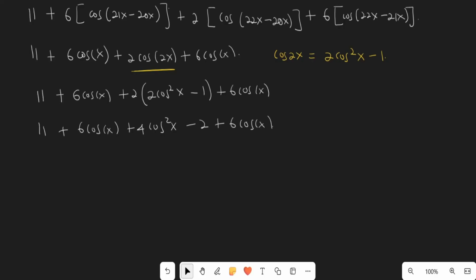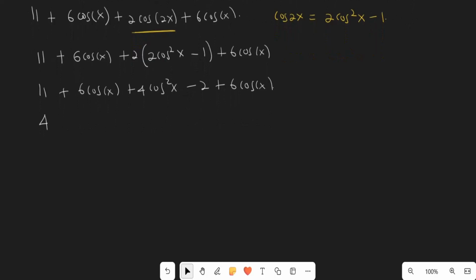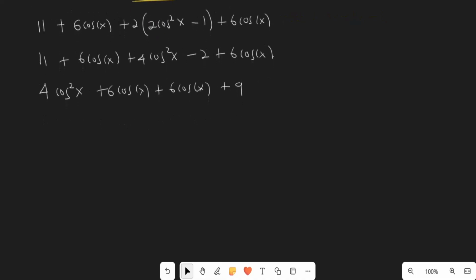We can now group this one. This is 4 cosine square of x plus 6 cosine of x plus 6 cosine of x plus 11 minus 2, which is 9. So let's group these ones together and these two together.